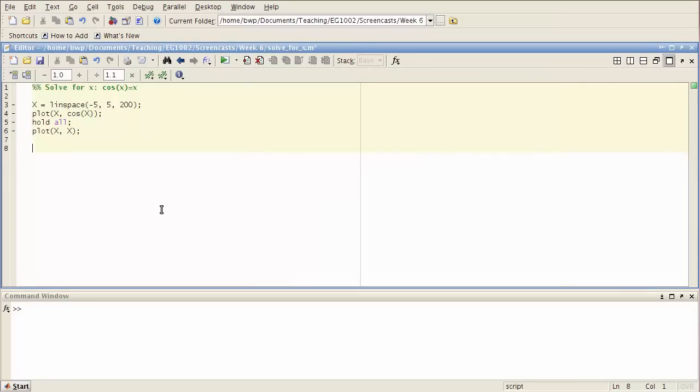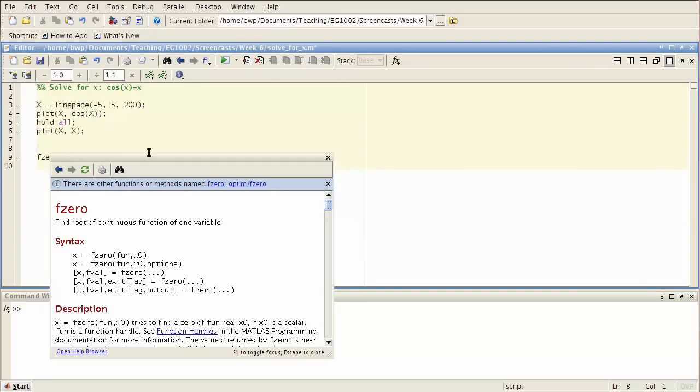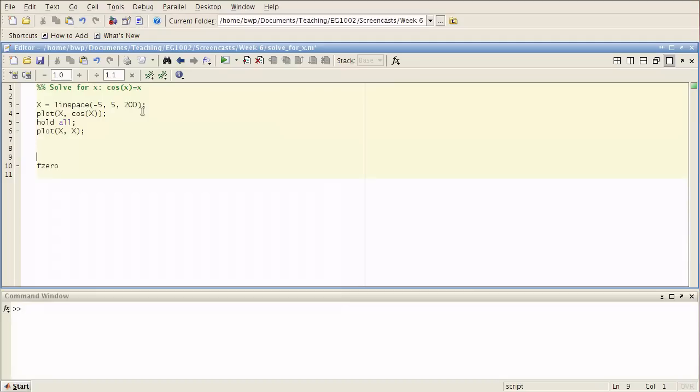So the function that we're going to consider is this one here called f0. What this does is find the root of a continuous function in one variable. The way that we're going to use that function is by doing this.